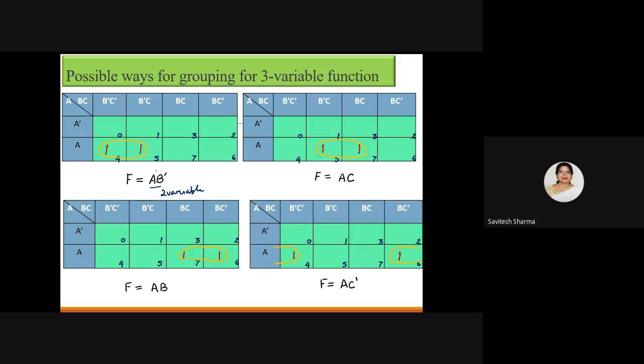That means I removed 1 variable. So please remember, if you are doing pairing, you are actually removing 1 literal. 1 literal is removed. So you have to be very sure that if you are writing the pair expression, you should make sure you are writing 2 variables.